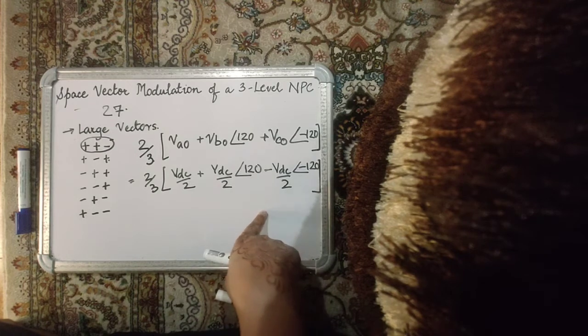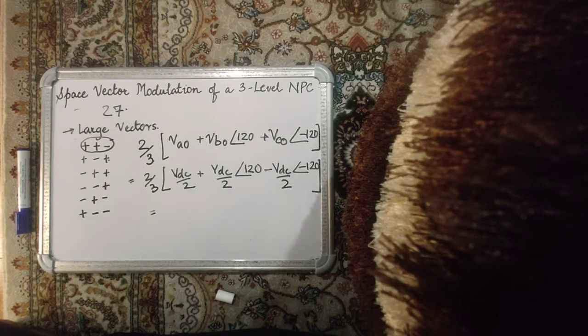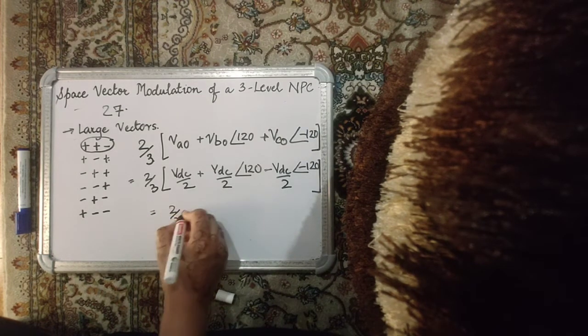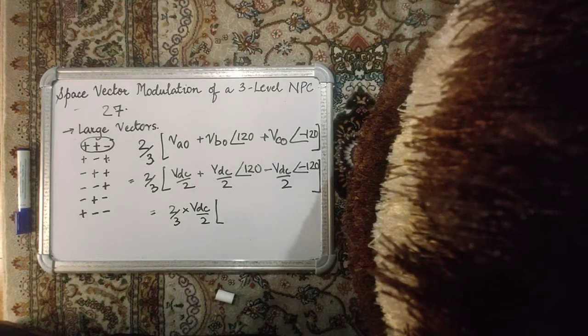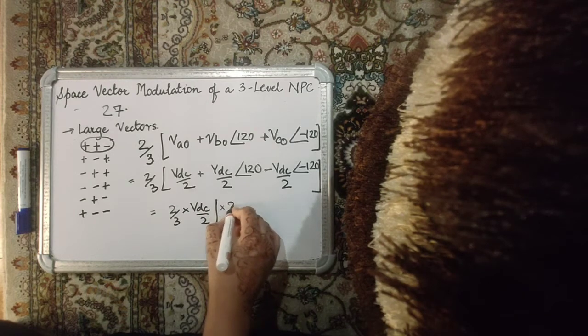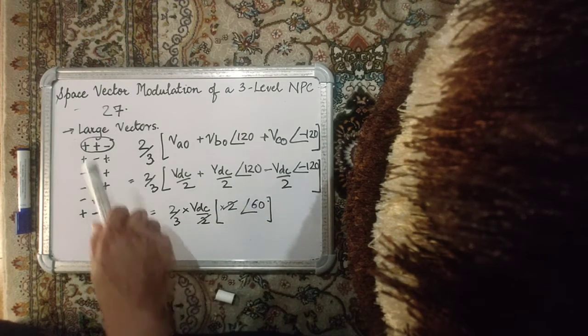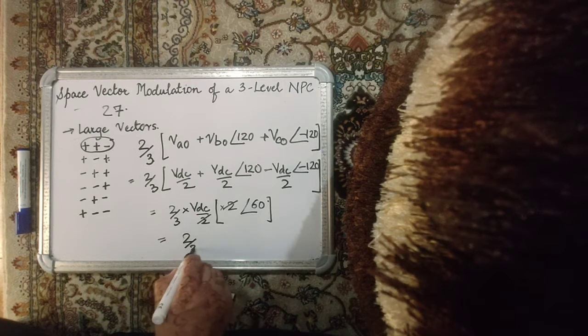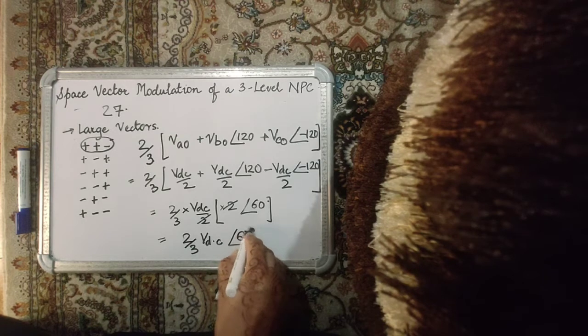If I solve this further, I will get 2 by 3 into VDC by 2 into 1 plus 1 at an angle of 120 minus 1 at an angle of minus 120, that is 2 at an angle of 60 degrees.